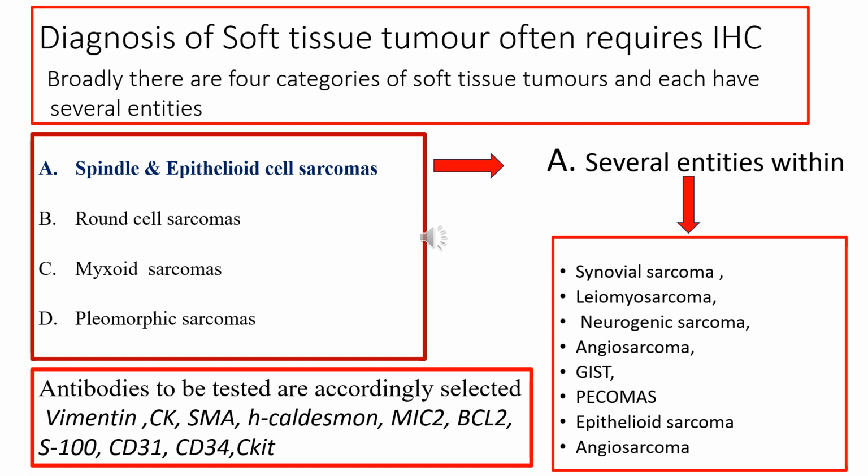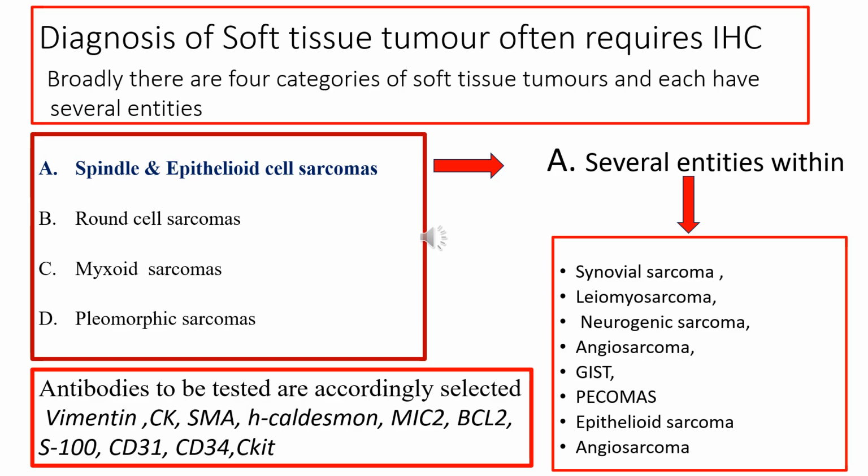So how does a pathologist go about identifying each of these tumors? After seeing the H&E slide, the pathologist makes a tentative diagnosis, and then the antibodies are judiciously selected depending on the tentative diagnosis. So if he suspects that it is a muscle tumor, he may do SMA, H-caldesmon, desmin.